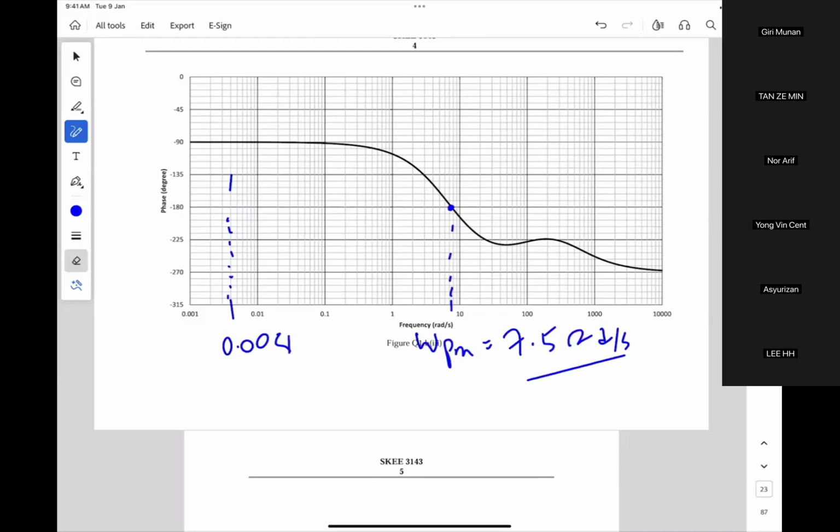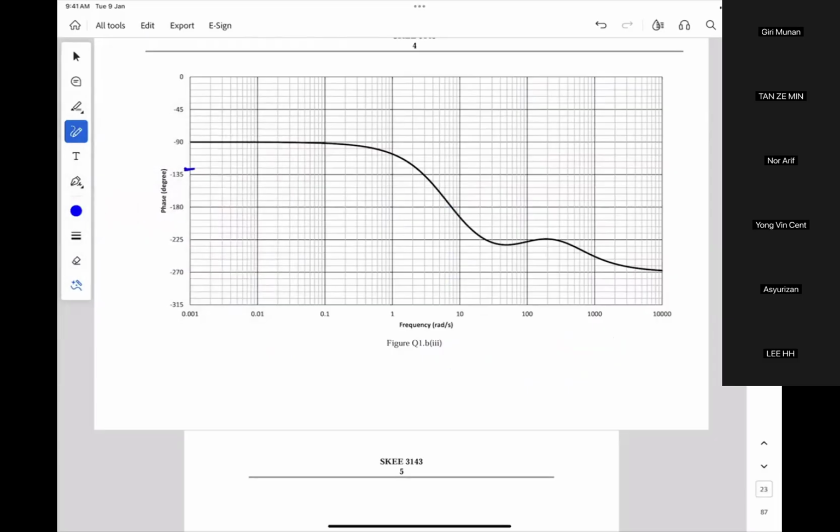Minus 132 occurred at where? At what frequency? Minus 132.